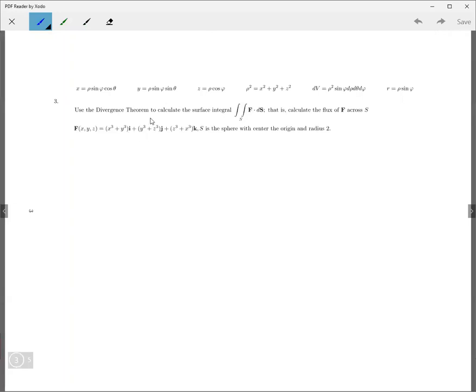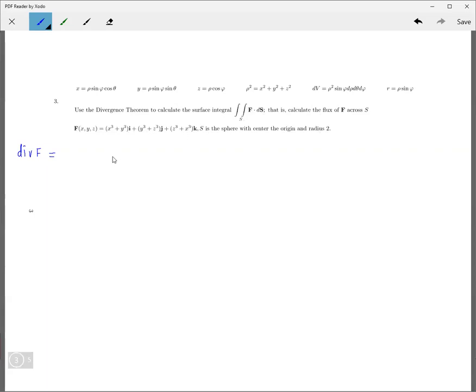Okay, so number 3, use the divergence theorem to calculate the flux across S. Okay, and S is the sphere with the center at the origin and radius 2. So we'll get to that in a second, but first of all, the divergence of F, let's calculate that one.